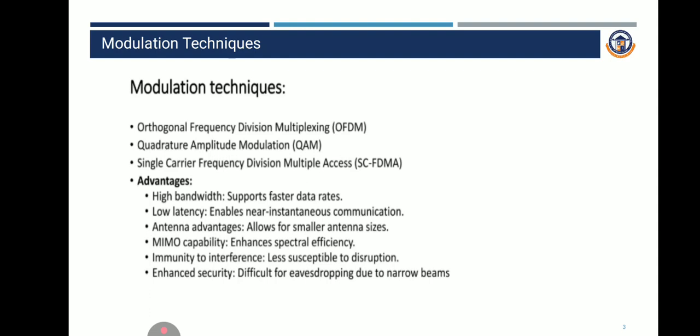Then MIMO capability. MIMO is nothing but multiple input and multiple output, which enhances the spectral efficiency. Immunity to interference is less when compared to other communications. There is enhanced security, which makes eavesdropping difficult due to the narrow beam.